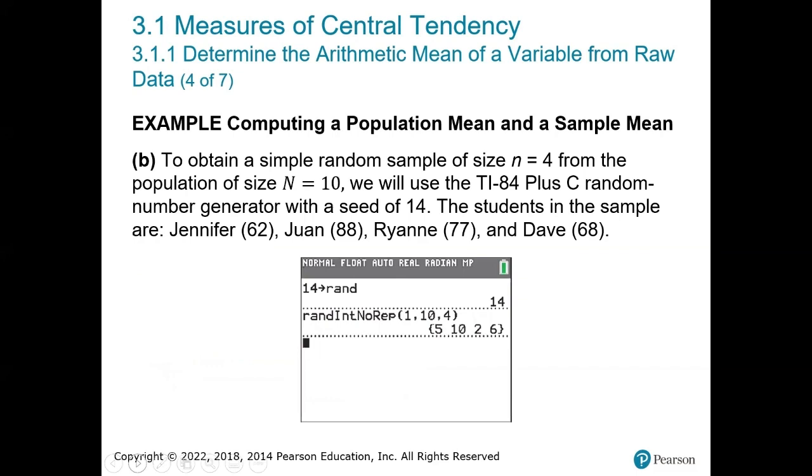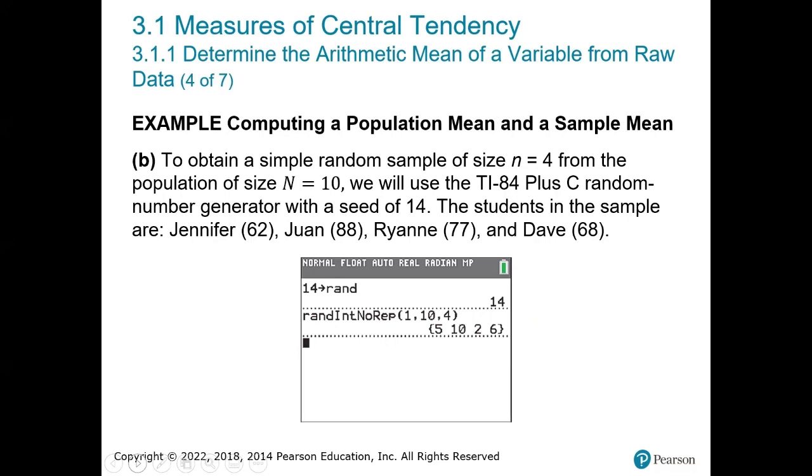This is just using my TI calculator here. I want it to give me random integers, no repeats, from 1 to 10. So I have all the numbered values 1 to 10, and I want to select 4 of them.